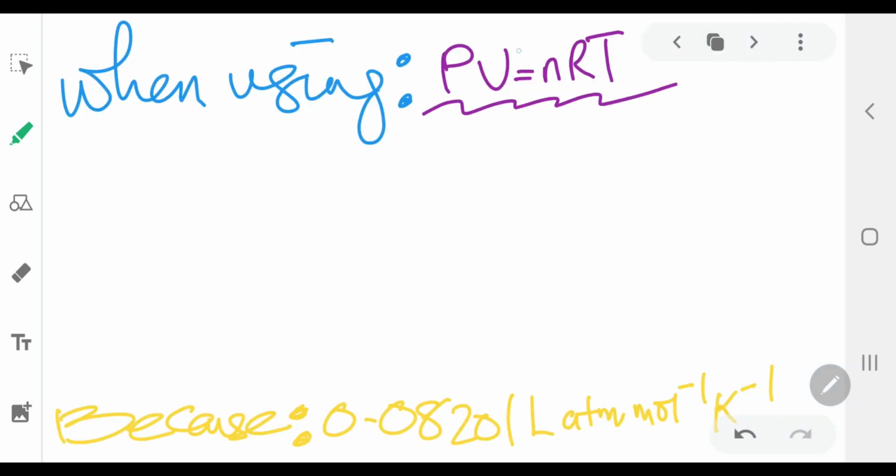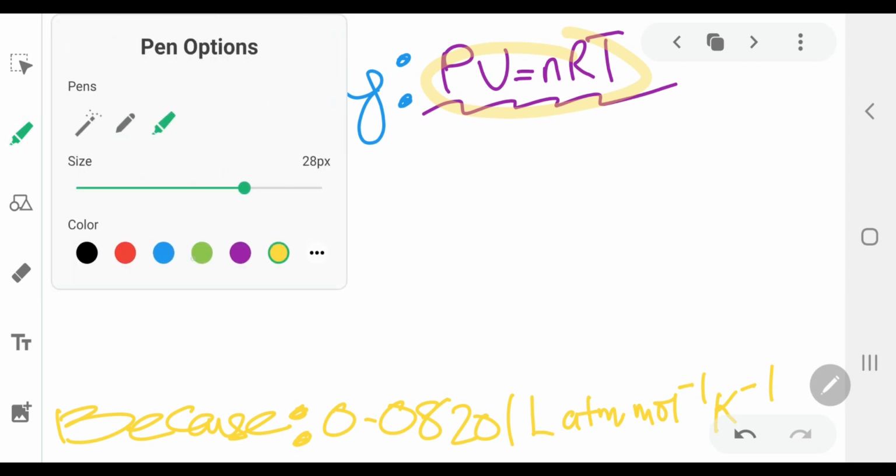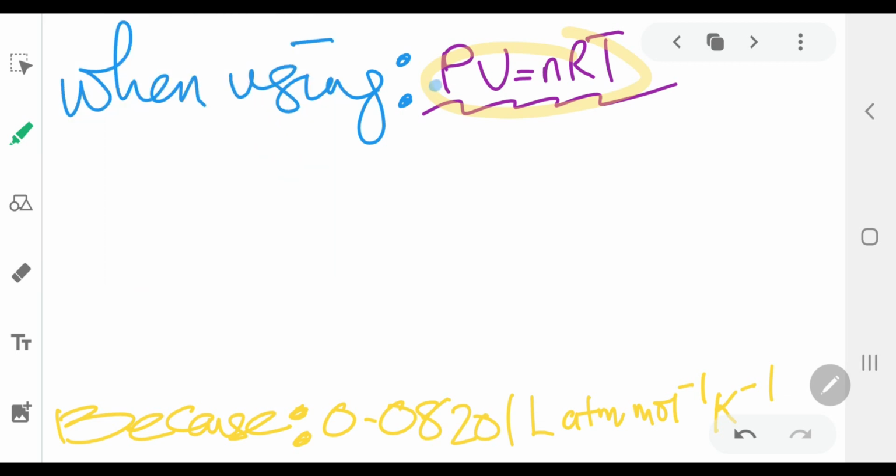Now, so when we're going to use the equation PV equals nRT right over here, we need to remember that the pressure must be in ATM.